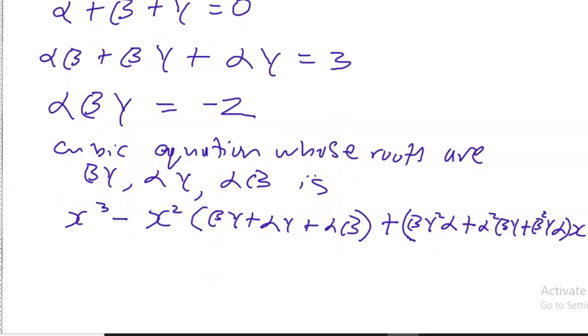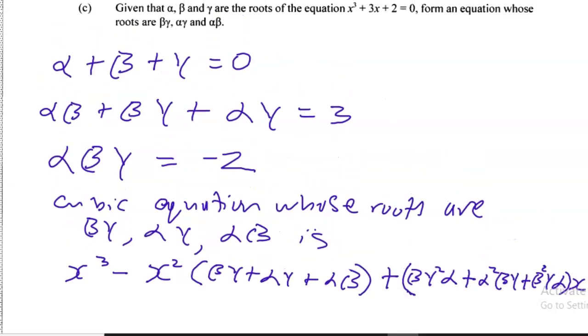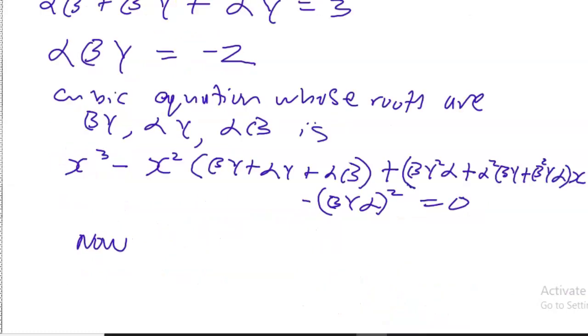And then the constant now would be the product. So the product of all these roots will be beta gamma times alpha gamma times alpha beta. So basically beta gamma alpha all squared. Now let's work out the value of all the coefficients.